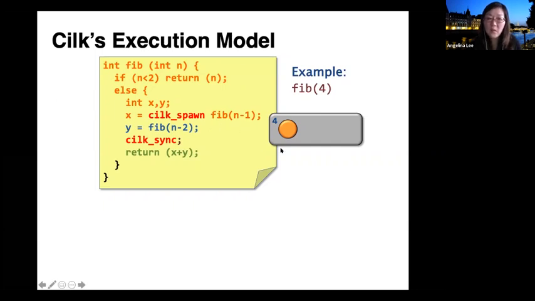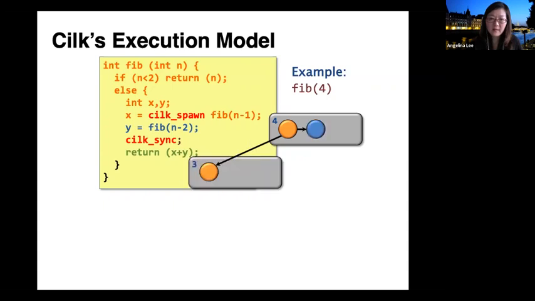And so when you execute this particular program with input 4, the following trace unfolds. When you hit the spawn statement, you have two outgoing edges: one goes to the spawned subcomputation and the other goes to the continuation of the parent, in this case corresponding to y equals fib of n minus 2, denoted by the blue node.